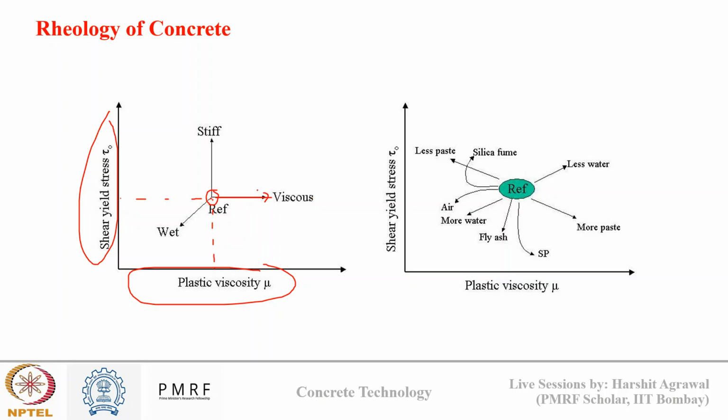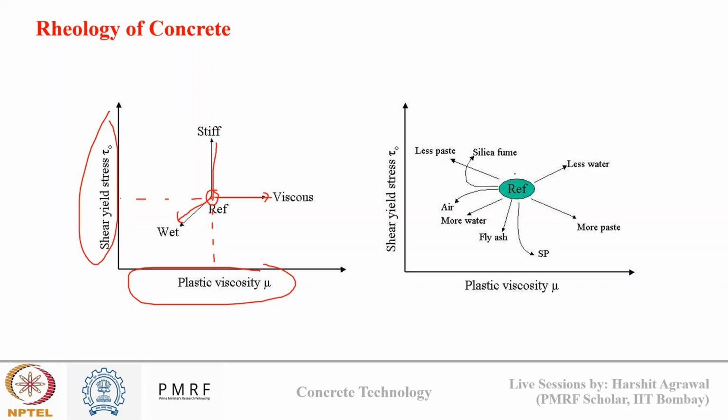Compared to reference, if my concrete mix is stiffer, or we can say less workable, then for the same viscosity my yield stress will increase. And compared to reference, if my concrete is wet, or more workable, then both yield stress and plastic viscosity will be lower.